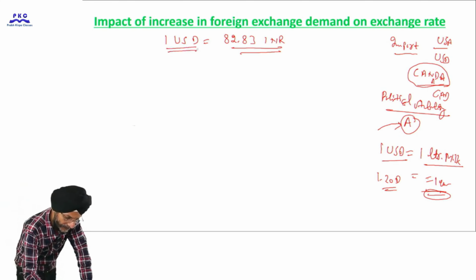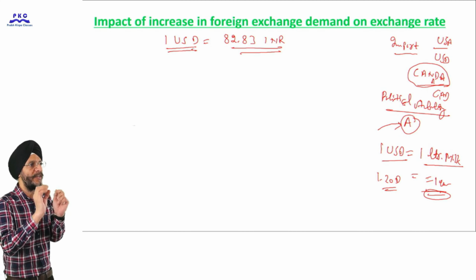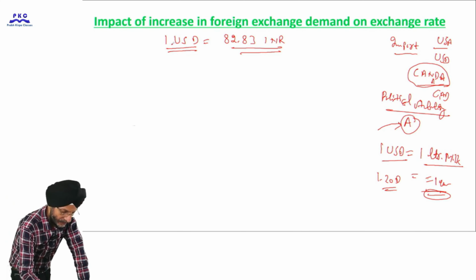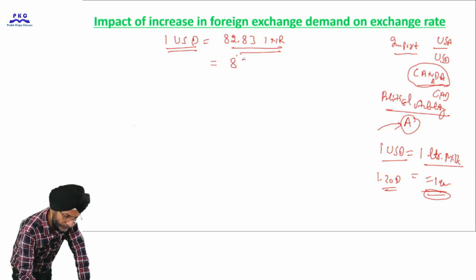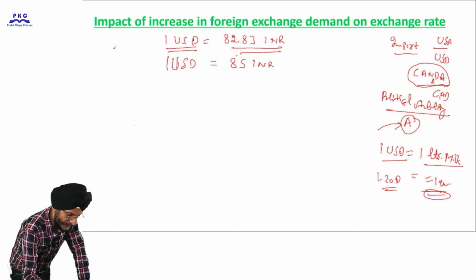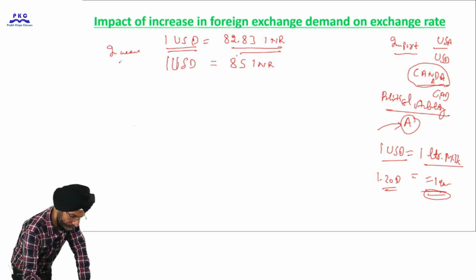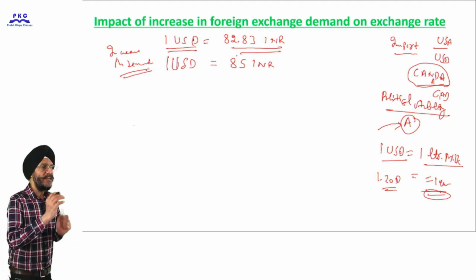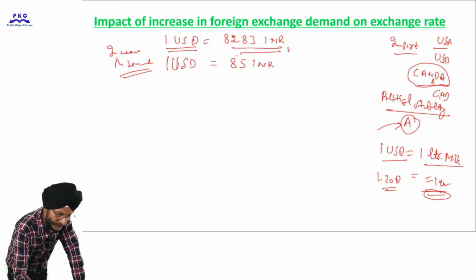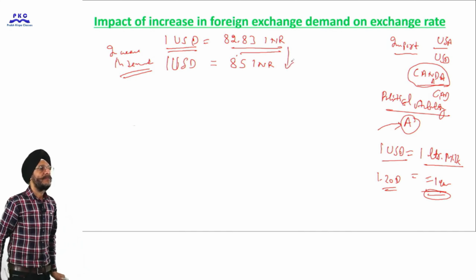Suppose at present the value of $1 is equal to 82.83 Indian rupee. If there is increase in the demand of US dollars, what will happen? It may be possible that the value of $1 will increase to 85, if there is increase in demand. So in the case of increase in demand, the value of domestic currency has decreased.